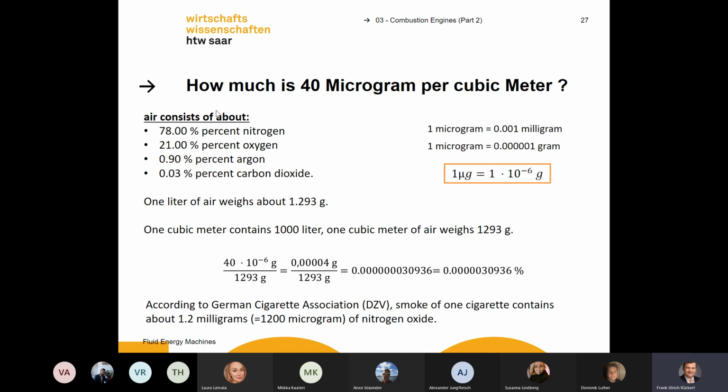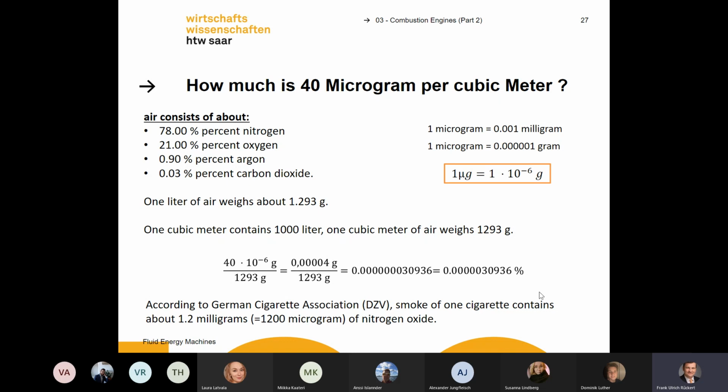And nitrogen oxide is not poisonous, it's not radioactive, it's just a bit hazardous. So it's a low value. If you compare it with the amount of nitrogen oxide you get from one cigarette, you get 1,200 micrograms from just one cigarette.